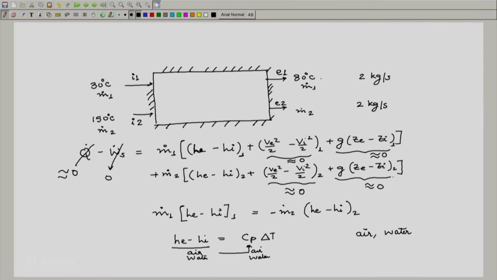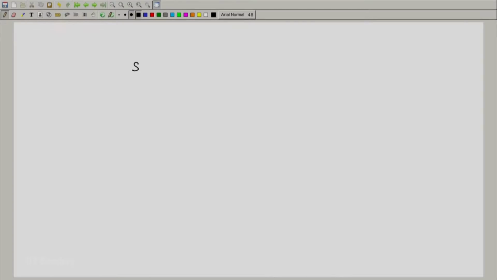Now if it was either a two phase system, that is a water steam system, or purely steam, then we would have to look up He and Hi from the steam tables and not go ahead and do this calculation. So if any one of the streams is made up of steam, then use steam tables.